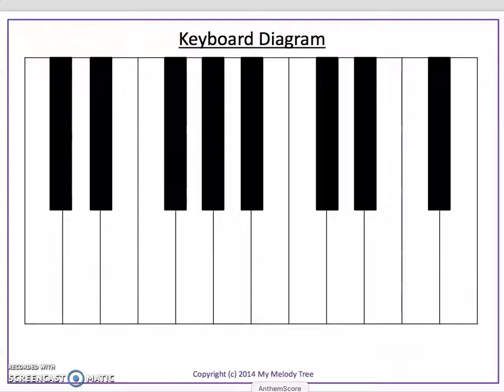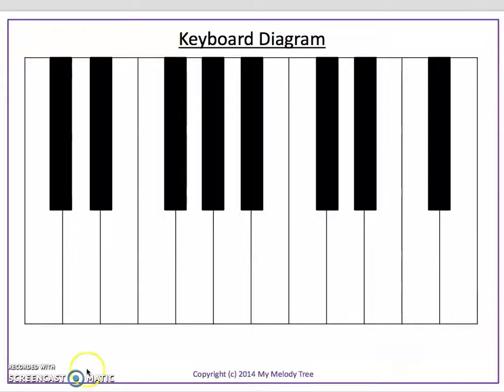So C, the pitch of C, would be right here. But Mrs. Randlett, it's also here. That is correct, because this is simply a higher pitched C. The further right you move, the higher the pitch. The further left you move, the lower the pitch on the keyboard. Okay, so just keep that in mind.